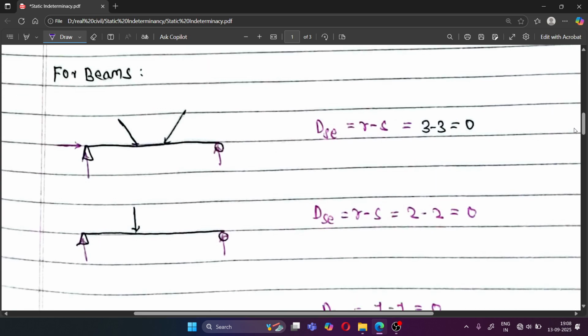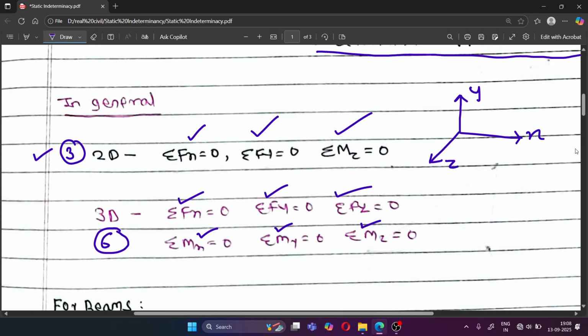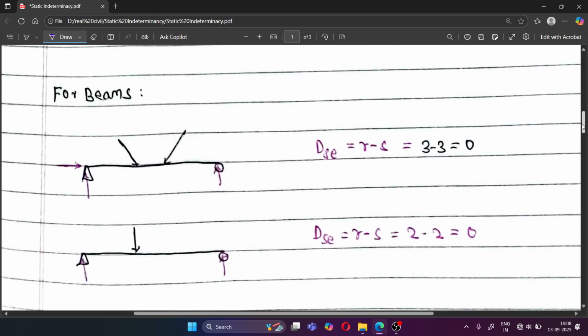So let's try to understand the external static indeterminacy for beams. Here I have considered one simply supported beam. If no loading is shown, that means general loading is shown. General loading means there will be horizontal and vertical forces on the beam. Because of that, if we resolve this force, there will be horizontal as well as vertical forces.